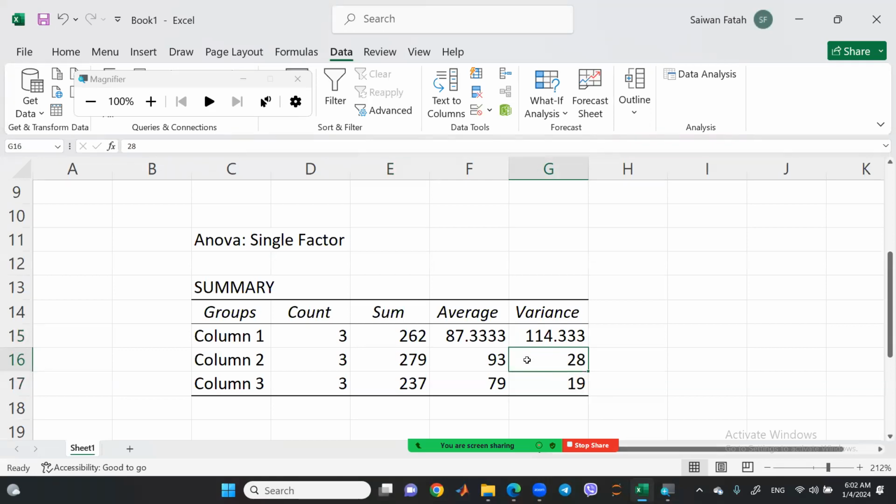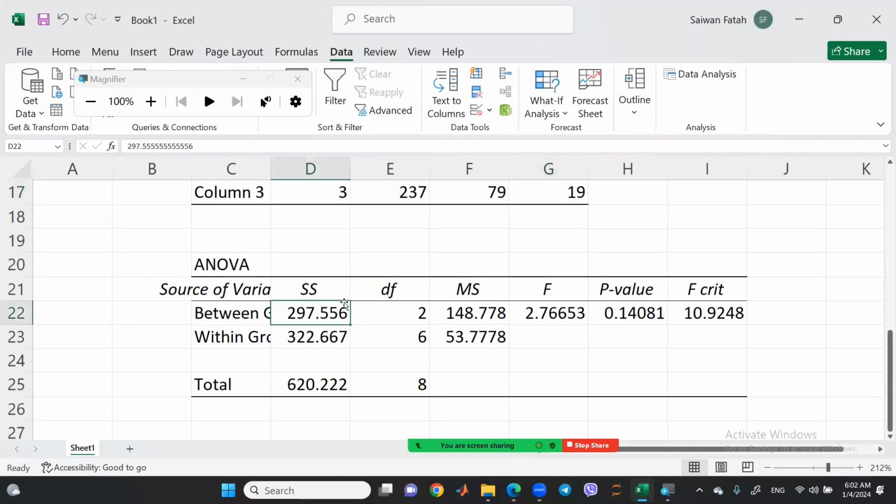And these are the variances for each level, for column 1, column 2, column 3. We actually don't work on these here, but in your project, you could talk about this also. You could analyze this table and also this table. In this table, we have SSTRT, which is the first one. This is SSE and this is SST.